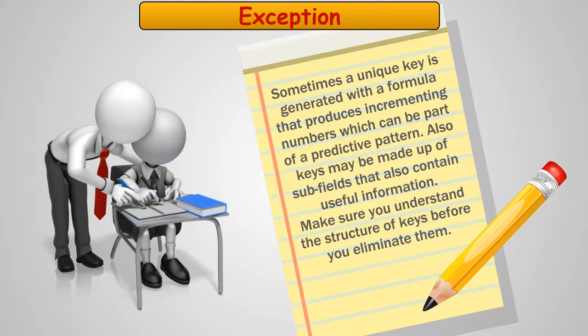A customer ID might have a first column indicating if it's a national or an international customer, and then the second column of the key identifies the state they're in, and so on. So you need to make sure you understand the structure of the keys before you eliminate them, because there may be inherently useful and predictive data inside that key.